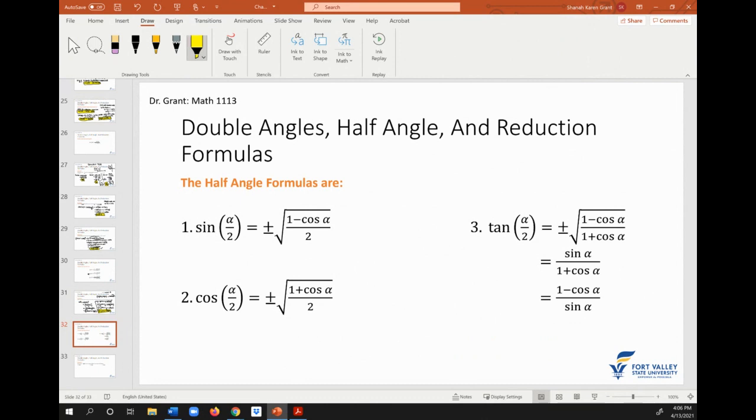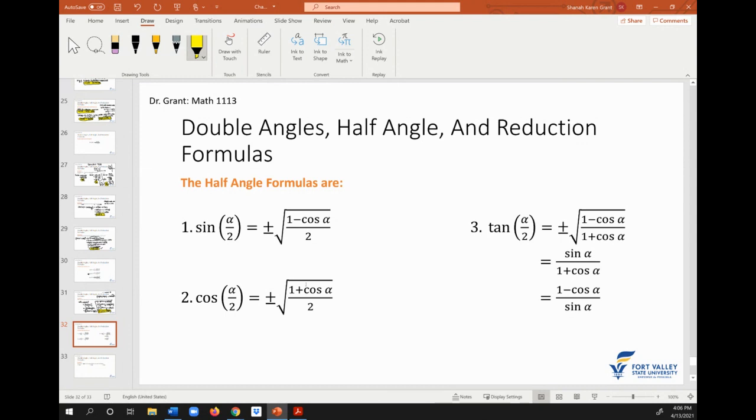So we'll have to look at the quadrants to determine which solution we're going to take, whether it's going to be a negative or positive. Very important to note, tan has 3 different identities for its half angle. So again, it all depends on what the question is asking or how it's worded.